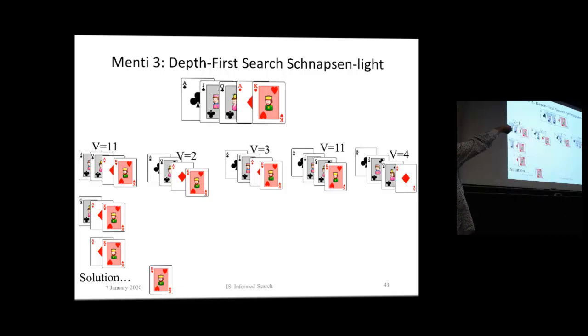So you would first play the ace, then you would play the queen, then you would play the jack, then the queen, then the king, and then you would find a solution. Here you would play the ace. So we would find a solution here where we have more than 20 points. Of course, this is not the most clever way of getting to 20 points if you have to play 5 cards. But this is what depth first search would give you.